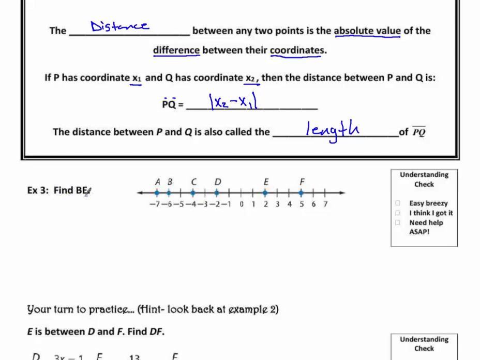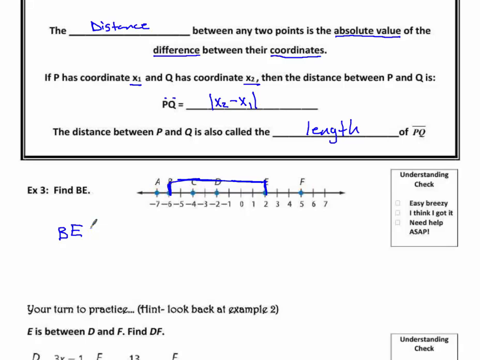First example says find BE. So find the distance from B to E. Well, a very easy way to do that would just be to count that it's 1, 2, 3, 4, 5, 6, 7, 8. But if these points weren't close together, it might take you a while to count it. So we're going to do it without counting.